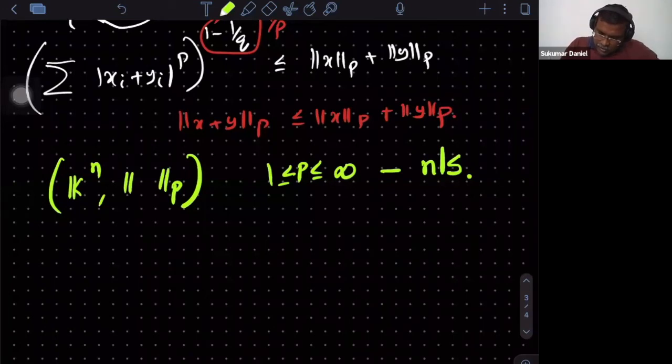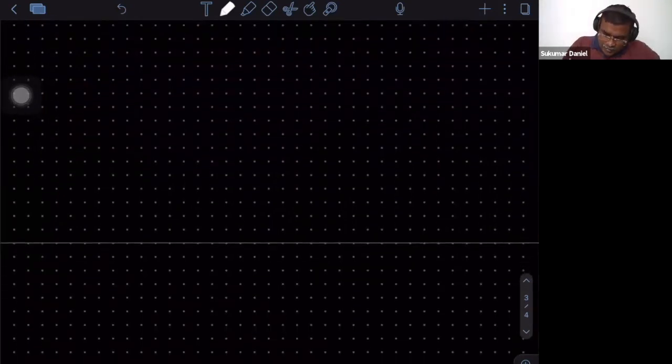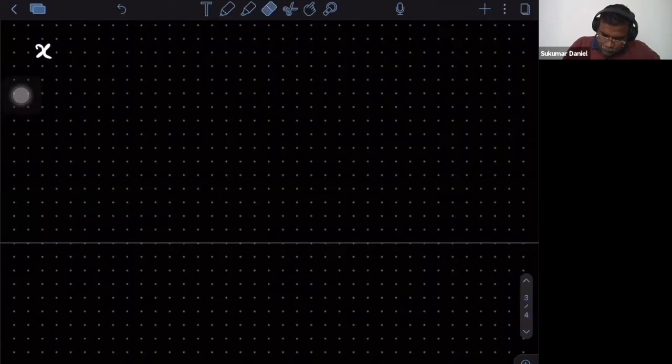So using this, we can also get the following things. I'm going to write something. I can define the same p norm now in the infinite case.